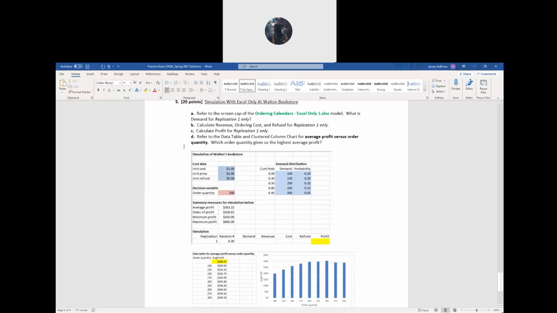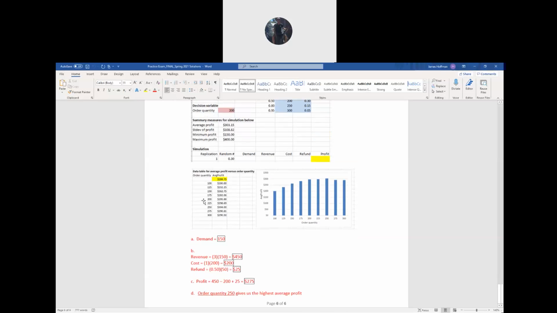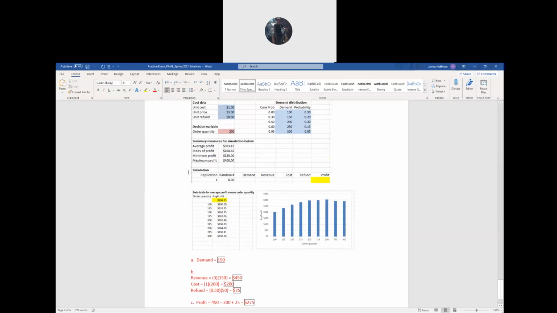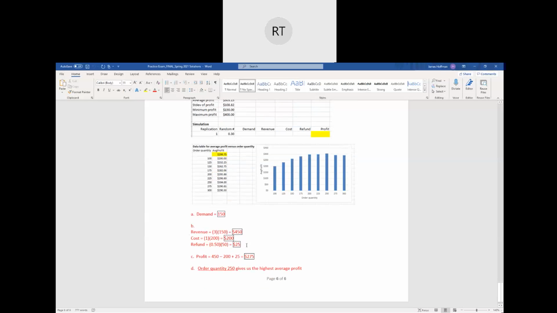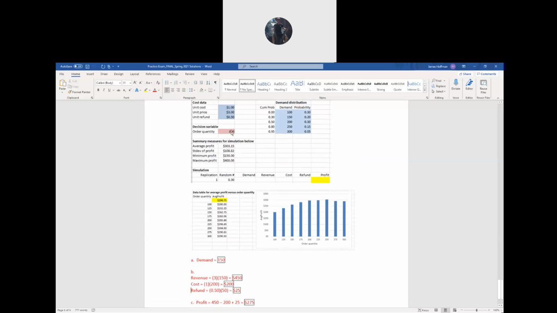All right, so again, questions on this one. Everyone sees how to get demand based on the random number? Wait, Professor, where did the 50 come from for the refund? Oh, okay. So for this type of problem, you get a refund if you order more than demand.